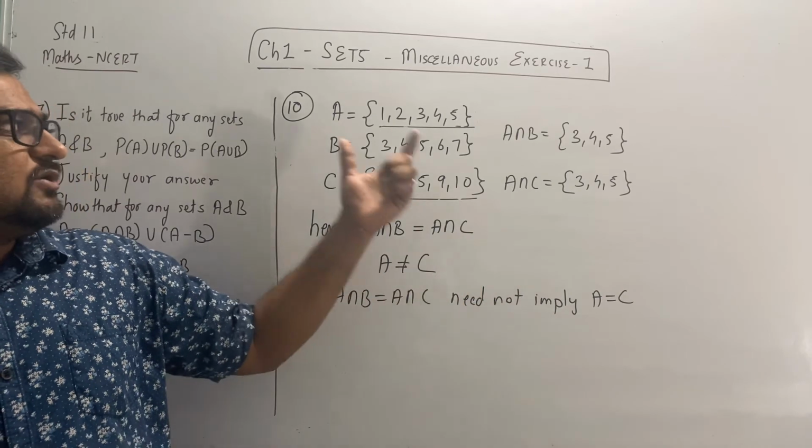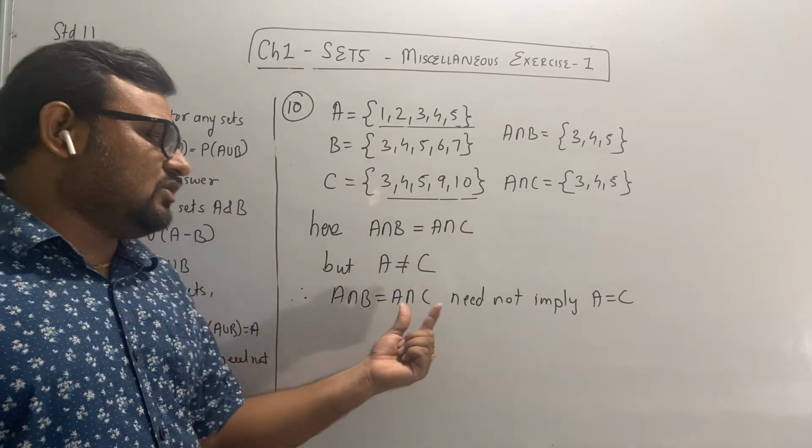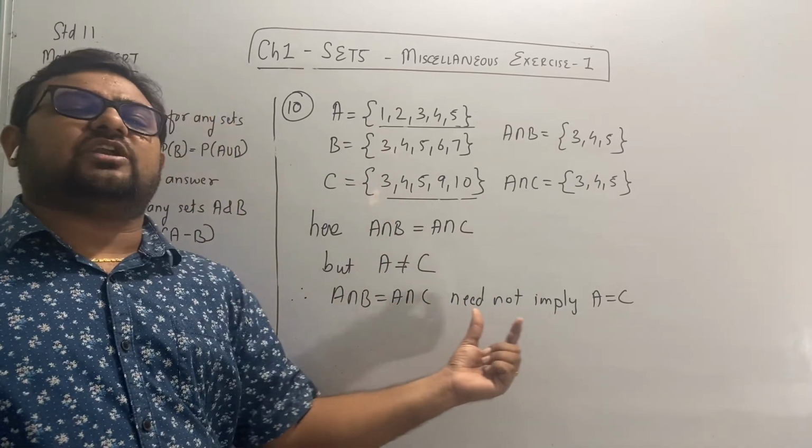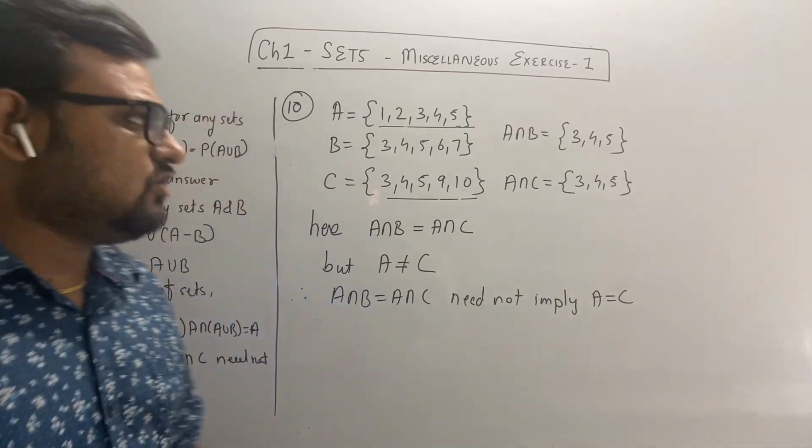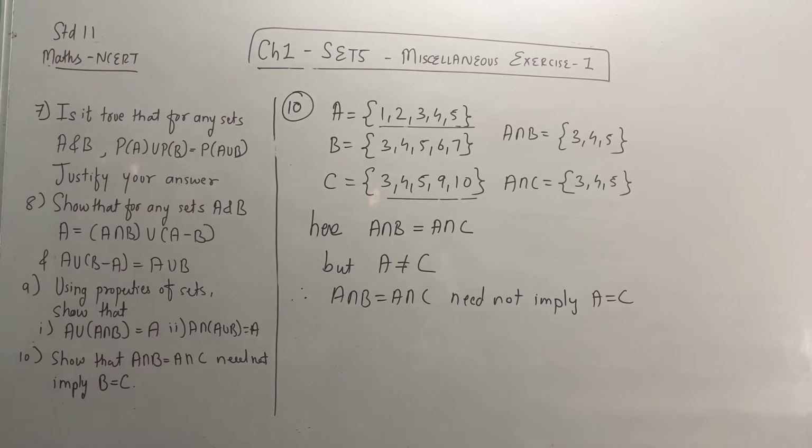So this was about question number 10, that is A intersection B equal to A intersection C, but this does not imply that every time A will be equal to C. Okay, so note down question number 10.